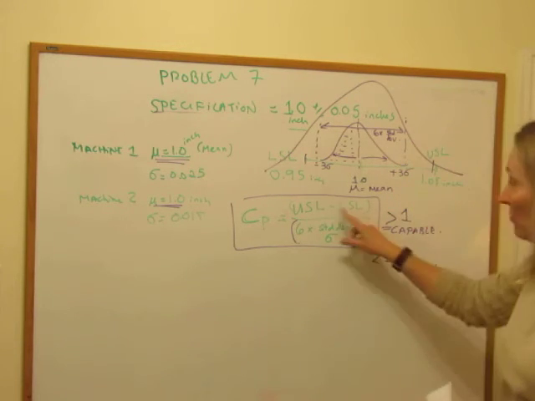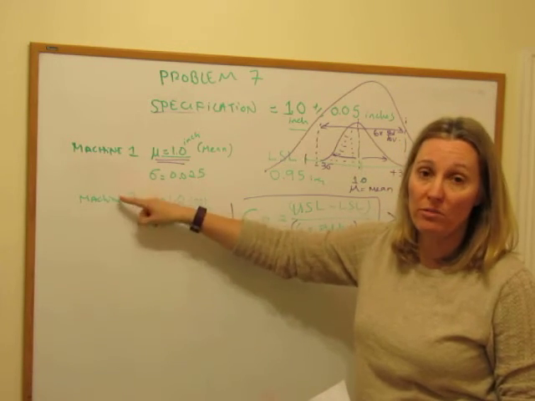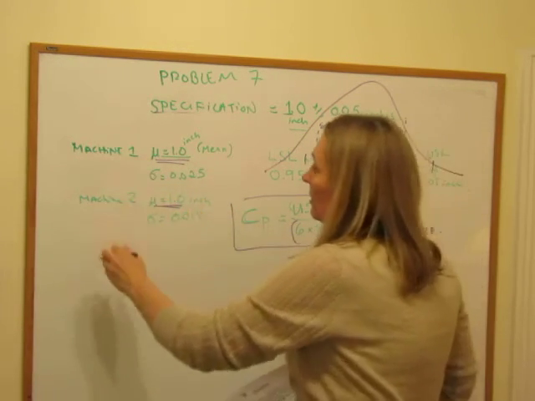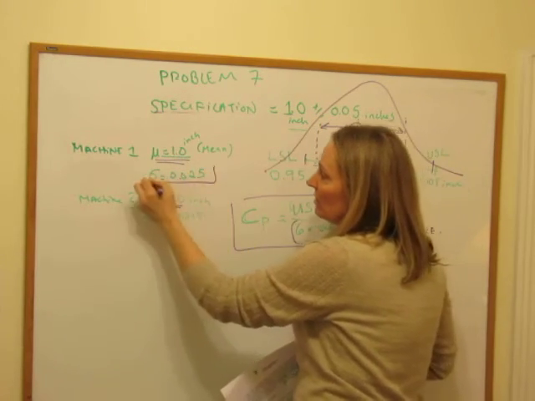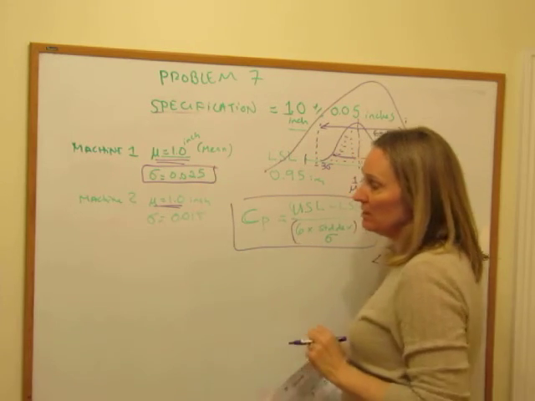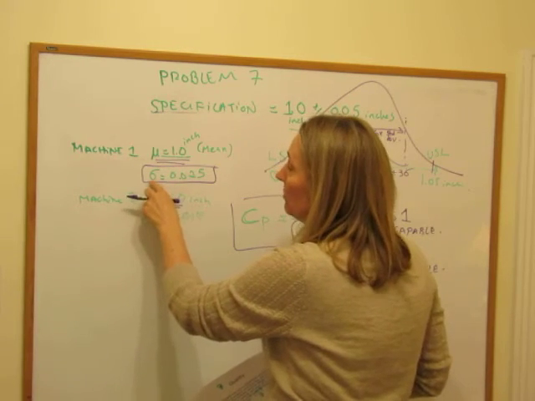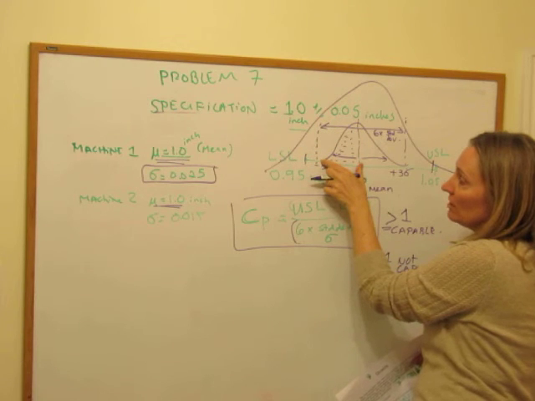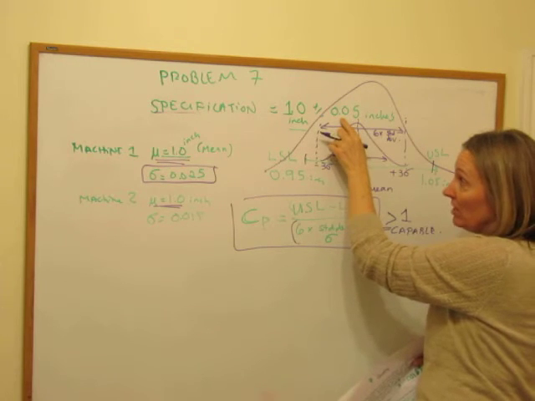Now we have to use this formula and this thinking to determine if machine 1 or machine 2 or both of them are capable of meeting this specification of 1 plus or minus 0.05 inches. So let's look at machine 1 first. Machine 1, the mean is on the mean of the process, so we're just going to consider the standard deviation of 0.025. And what we know is that 3 times that standard deviation needs to be less than 0.05 inches.